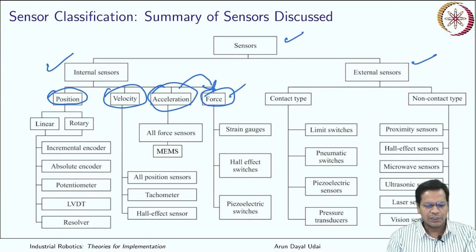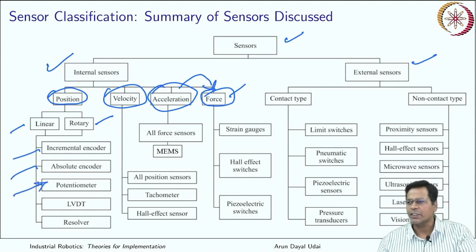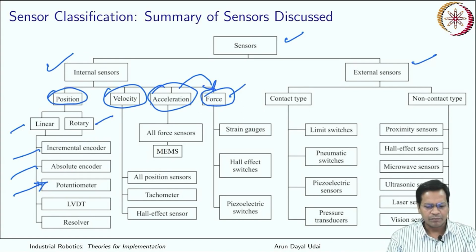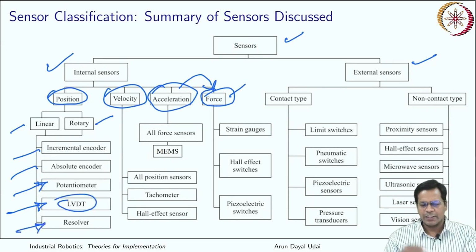Position sensors can be linear and rotary, and both can be incremental or absolute. Potentiometer used to do our job. Apart from the incremental optical encoder that you have seen, it can be a potentiometer, or a linear variable differential transformer, which we didn't go through. Resolver, you have seen, is an AC signal sensor.